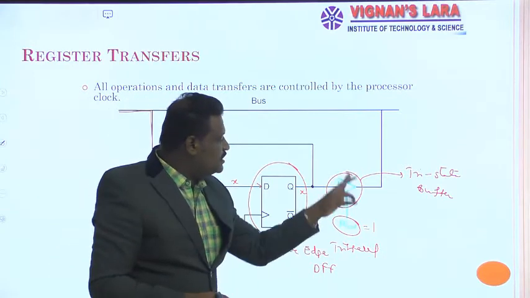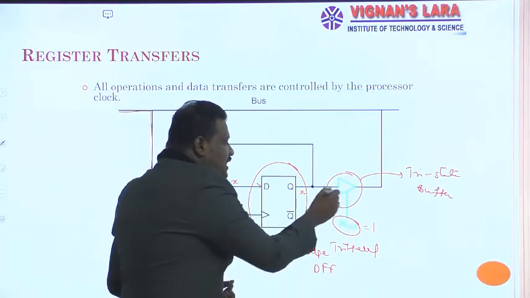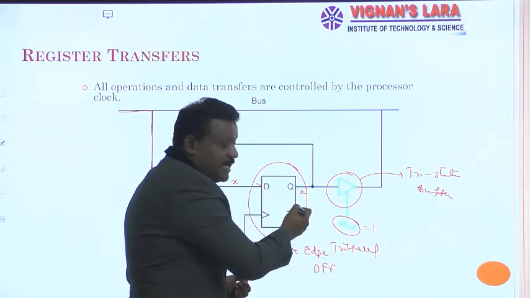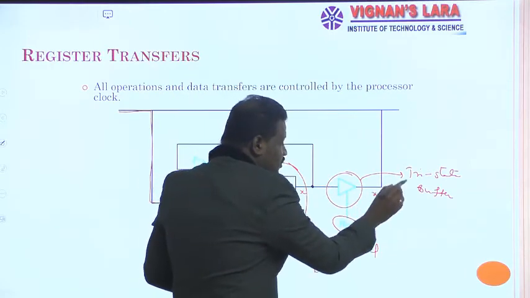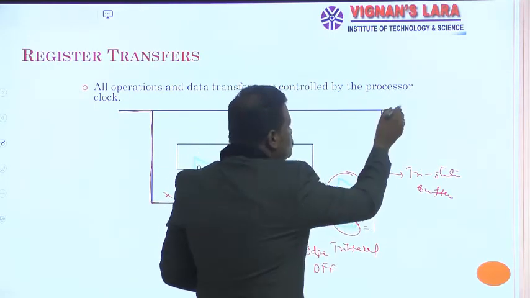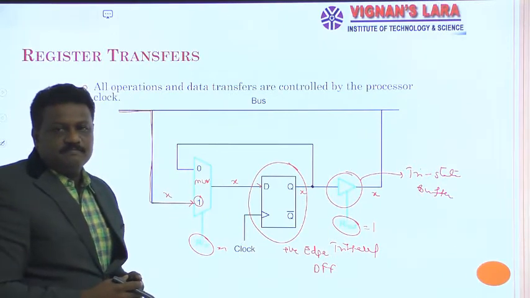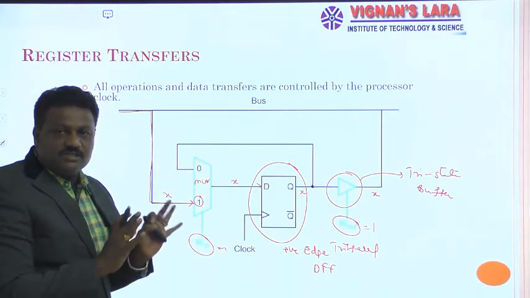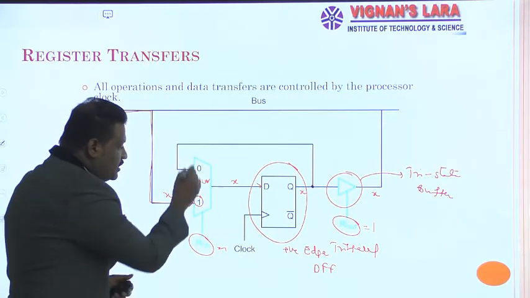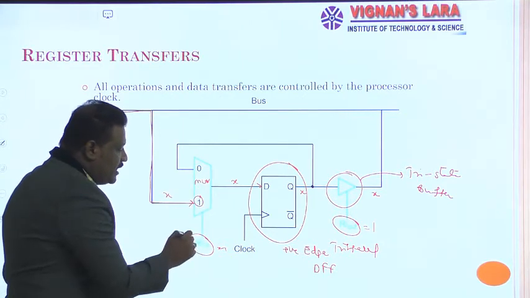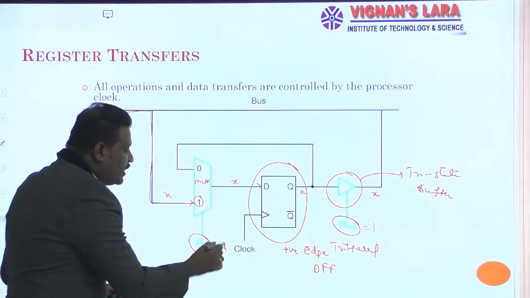If RI out is set to 1, then whatever value is present at the input side, which is X, is simply transferred to the output side, and that X goes onto the internal bus. So this is the scenario when the multiplexer select line RIN is equal to 1.